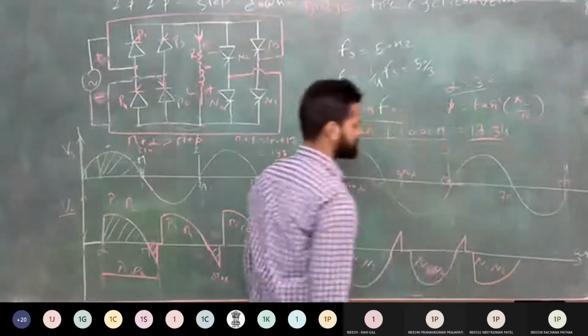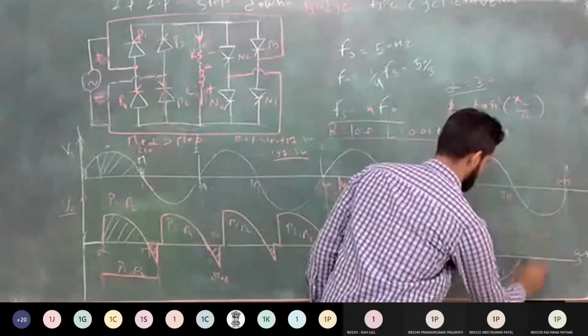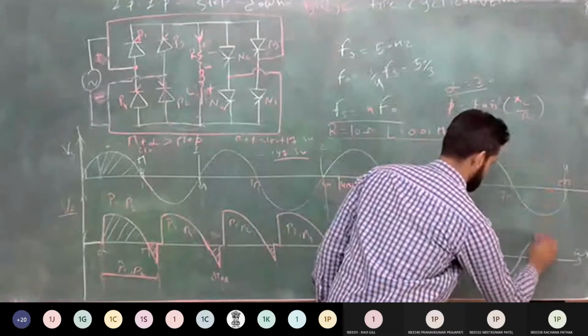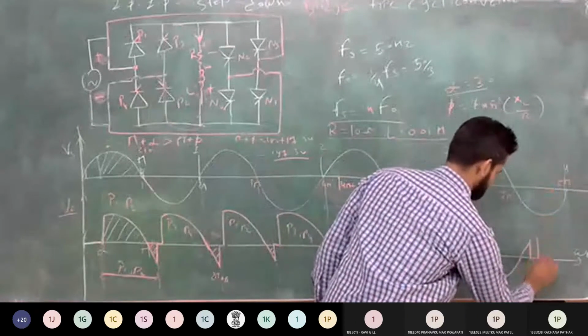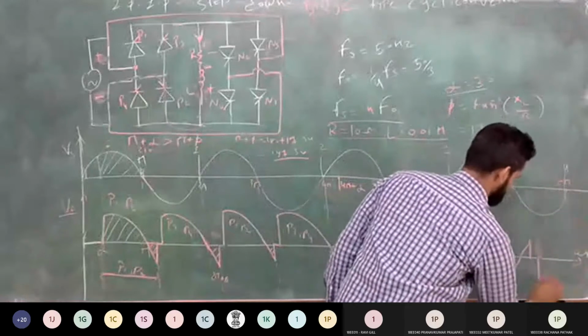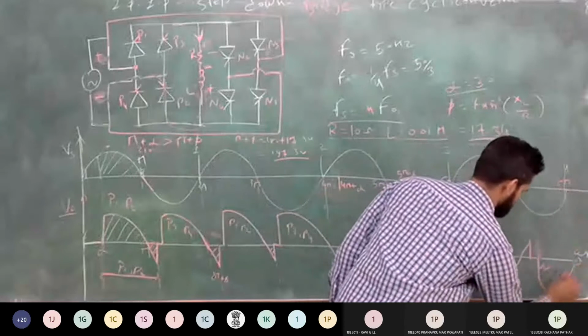Again, you get the positive voltage up to 7 pi plus β, and at 7 pi plus alpha, again you get the negative voltage up to this 8 pi by conducting N3 and N4.